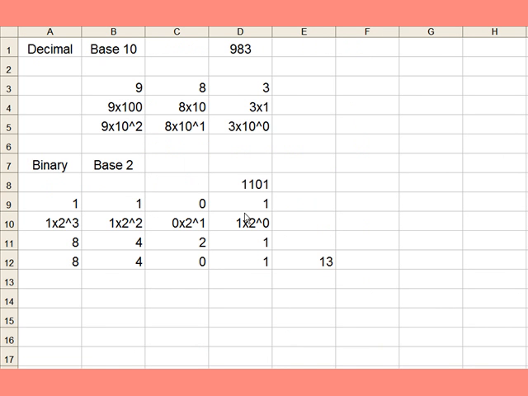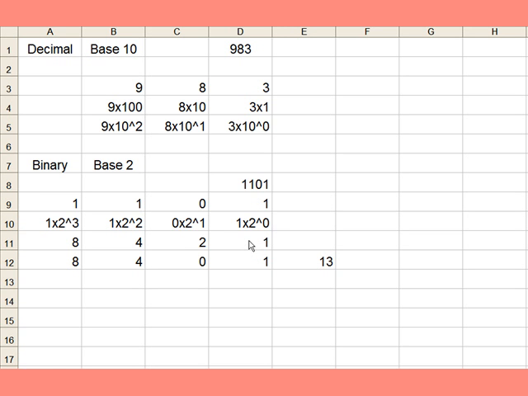Let's just review this briefly, because if you get this part, then the rest of it is kind of easy. The places in the decimal number system are the 1's place, the 10's place, the 100's place, and so on, and these are determined by powers of 10. The places in the binary number system are the 1's place, the 2's place, the 4's place, and so on, and these are determined by powers of 2. 2 to the power of 0, 2 to the power of 1, and so on.